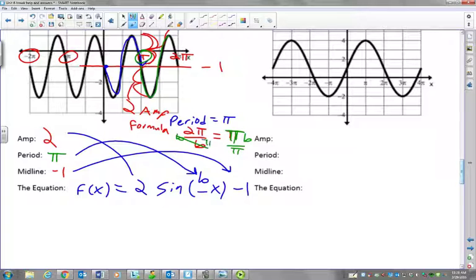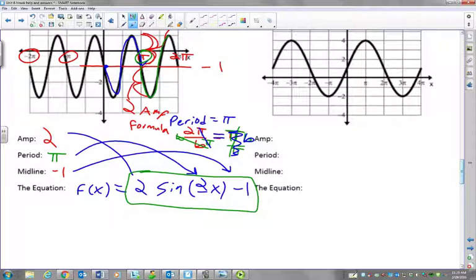So now we have b is equal to 2 pi over pi. Well, the pi's cancel, so b is just equal to 2. So then your b value, we're going to put that in there, is just 2. And so now we have the formula and our answer. It's 2 sine 2x minus 1. Cool. So there's number 13.